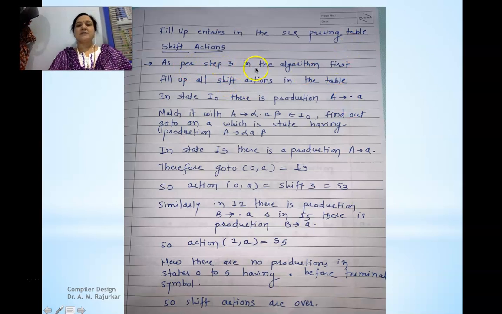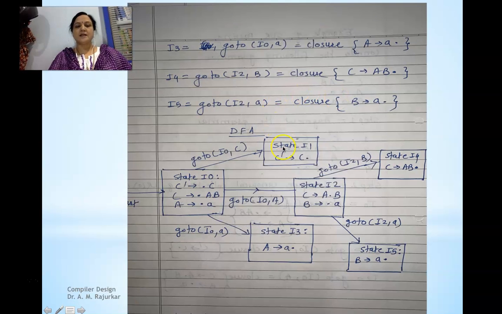As per step 3 in the algorithm, first fill up all shift actions in the table. In the state I0 there is a production A tends to dot A. See, in I0 is there any production where after the dot a terminal is there? Is this a production where after the dot a terminal is there? No. C is a non-terminal. Is this a production where after the dot a terminal is there? No. Here after the dot A is a non-terminal.